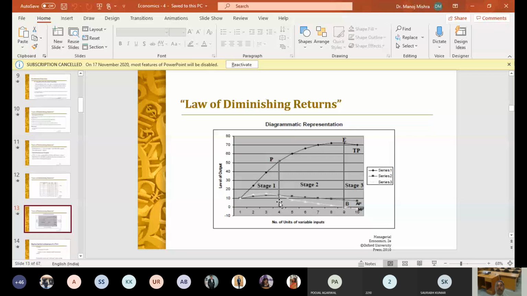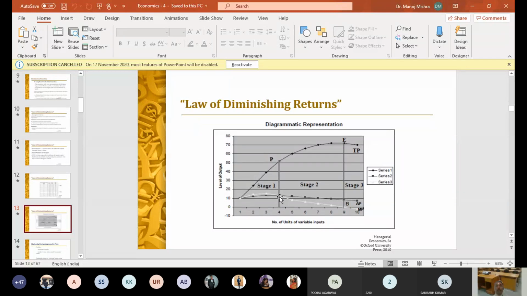At the bottom, we can see that the MP and AP have become the same. They have crossed each other. So where the MP and AP cut, TP starts increasing at a lesser rate than it was doing earlier.